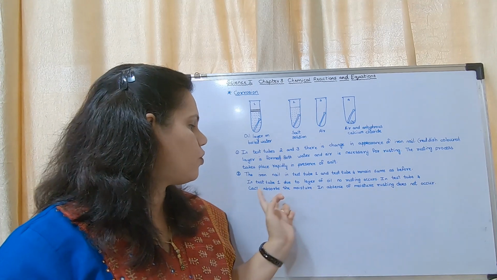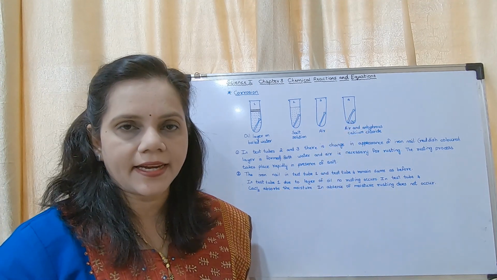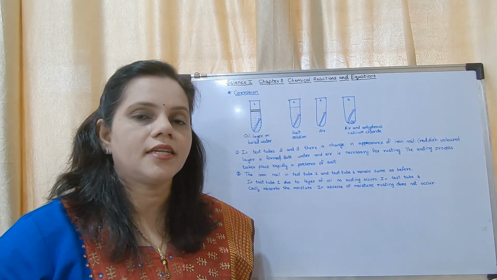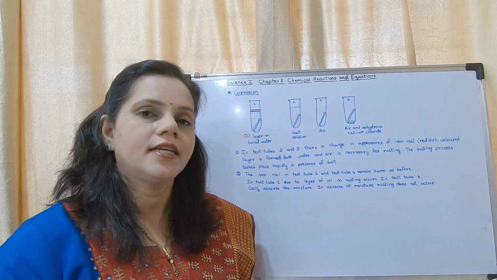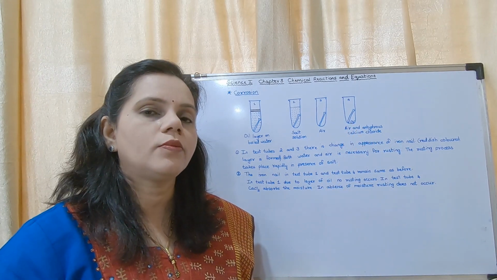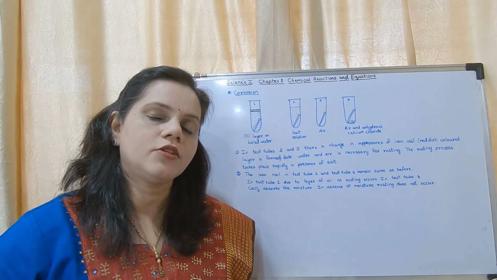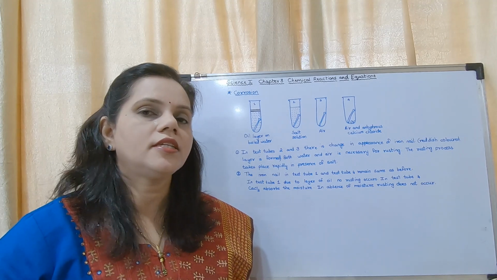In test tube 4, calcium chloride absorbs the moisture. There is air inside, but the moisture is absorbed by the calcium chloride present in the test tube. So there is no moisture available, and the rusting process does not take place.